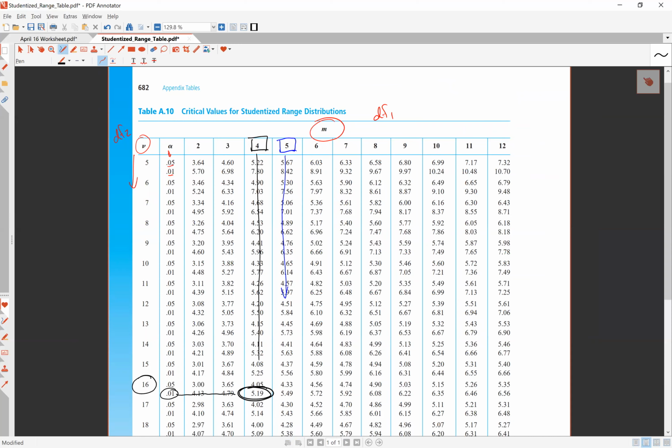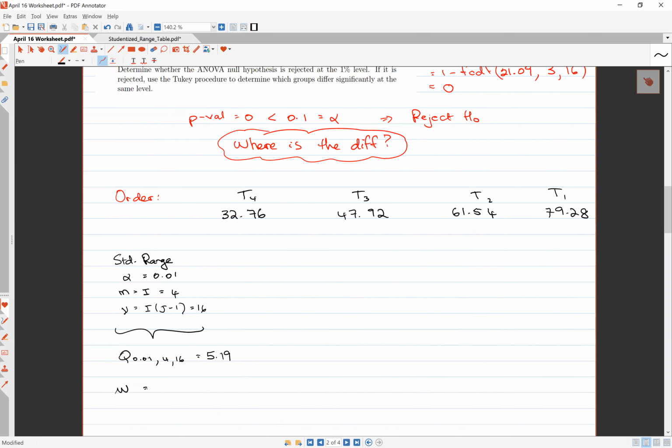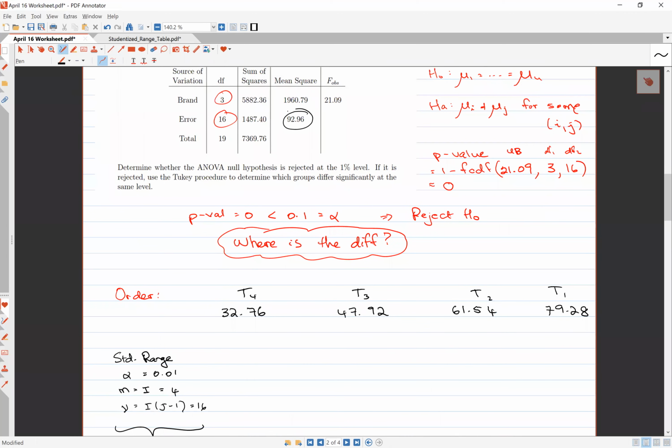So my studentized range value this time is 5.19. So now I'm going to calculate my width. It'll be my Q value times the square root of mean square error over J. So 5.19 times the square root of, again, mean square error I'm just taking from the table.